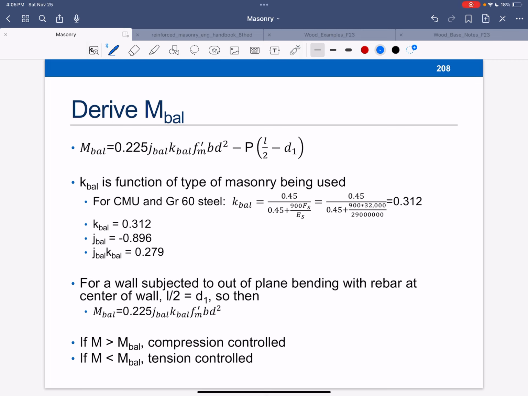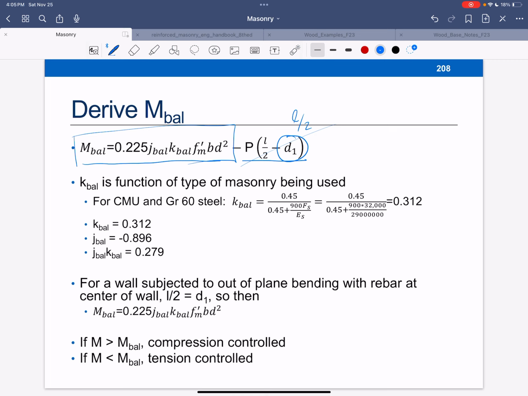Okay. So when I get through that derivation, which I said is algebra and substitution, this is what I get. When I have the case where that d1, which is the distance to the steel, is actually L over 2, this term will drop out. So for most of what we're doing, the actual equation is here. All right.